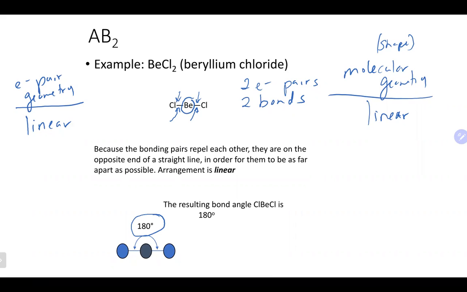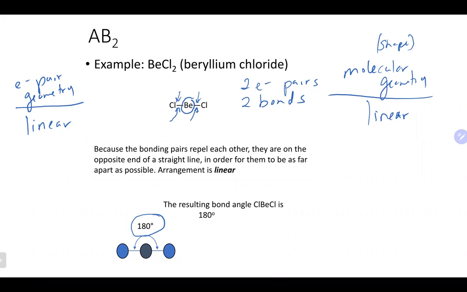So wherever they end up, the electrons and the atoms end up in the same geometry, because those are the only ones involved. So they will always be the same name when there are no dots on the center atom. It will not matter because double or triple bonds are considered to be one electron pair or one bond. As long as there are no dots on the central atom, both of those names will be the same.